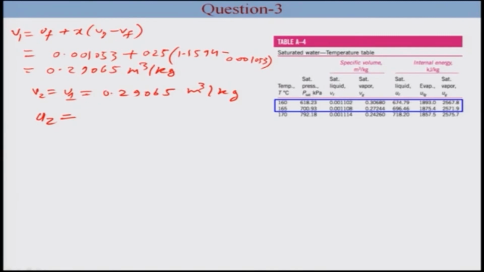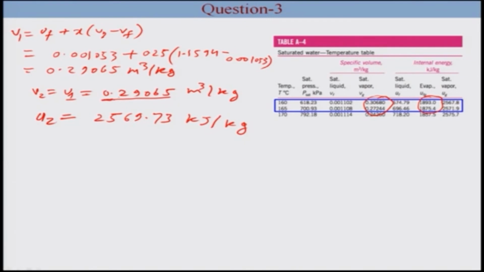We don't have internal energy corresponding to this specific volume exactly, so we have to interpolate the internal energy between these two volumes. After interpolating internal energy between these two values, we get 2569.73 kilojoule per kg. So this is the internal energy at this specific volume.